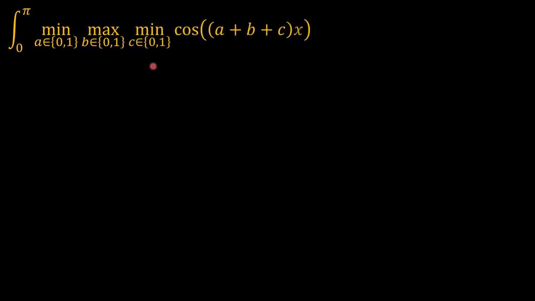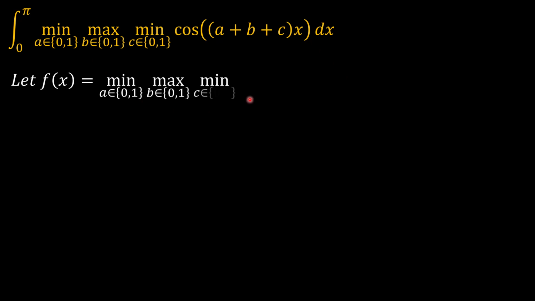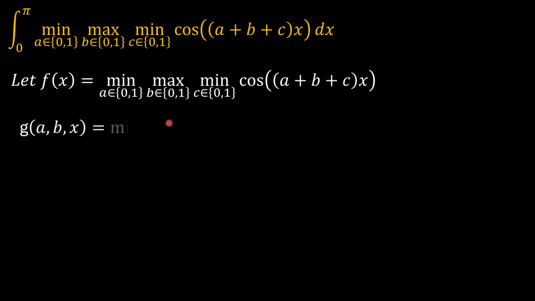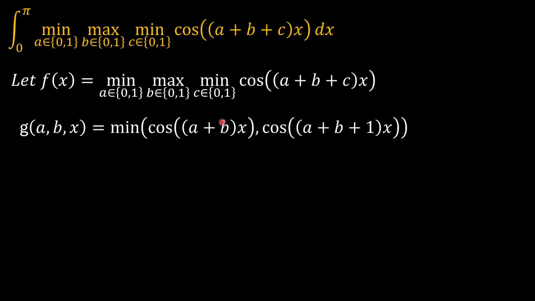problem here. The first thing we want to do is extract the integrand, that is the function under the integral sign, and we call this integrand f(x), right? So let f(x) be equal to what is under the integration sign, and then we look at the innermost expression, and we call that g(a, b, x), which is the minimum between when c is 0 and when c is 1.